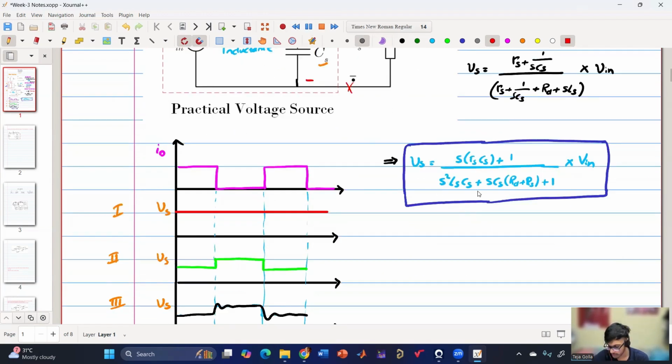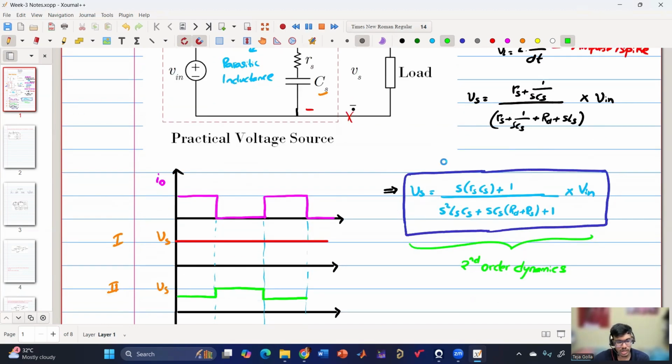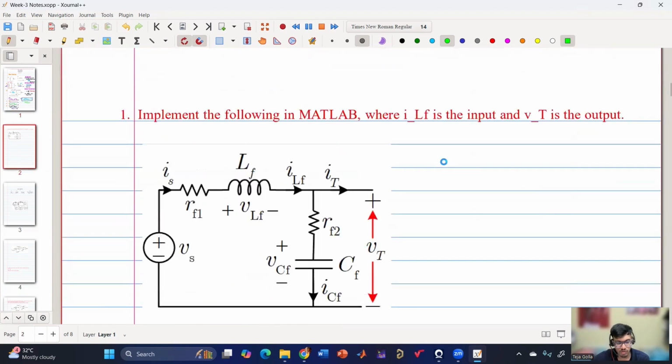So now from this we can say that it is a second order function. Is this clear how we are getting this expression? Yes. Okay. If you have any queries, you can ask, else we'll quickly solve one problem.